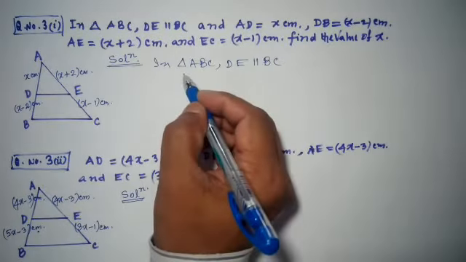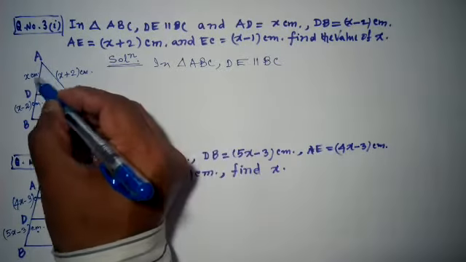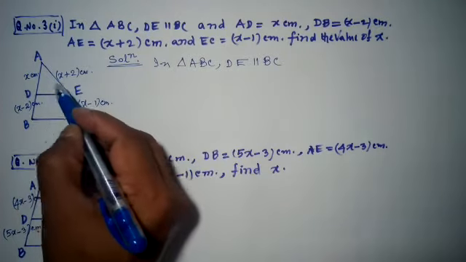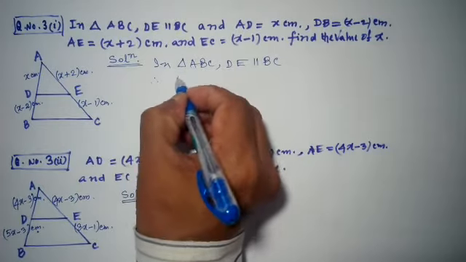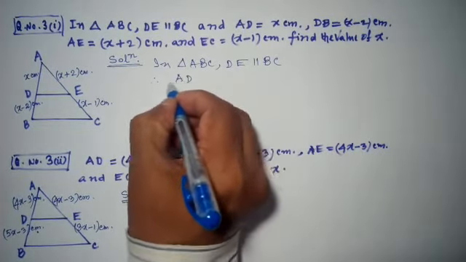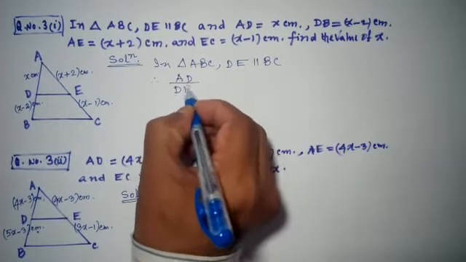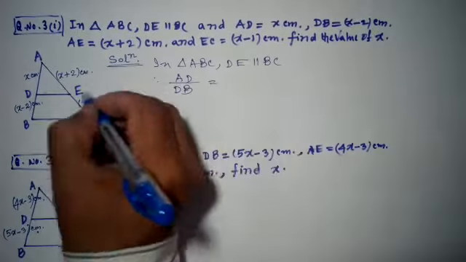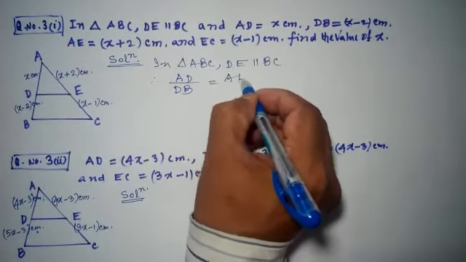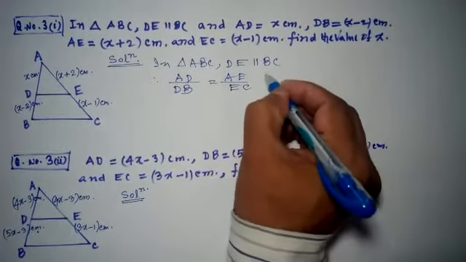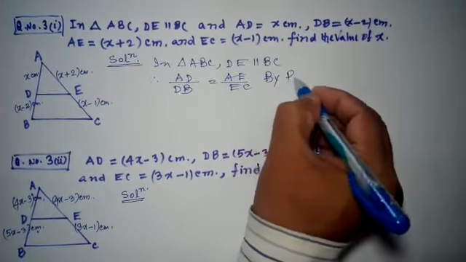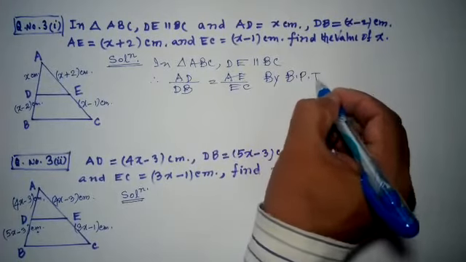So by basic proportionality theorem, it will be AD by DB is equal AE by EC. Already we have learned, so we can write therefore AD by DB is equal AE by EC. We write here by basic proportionality theorem.